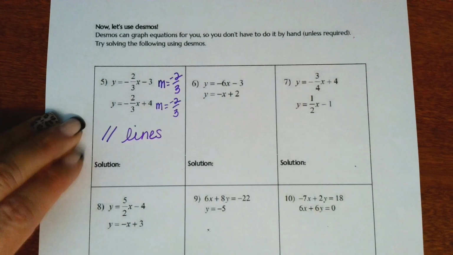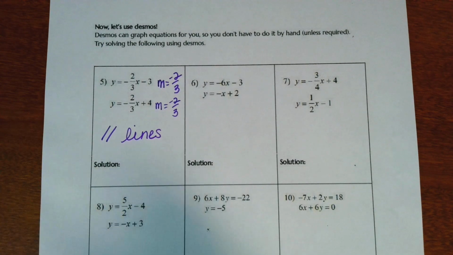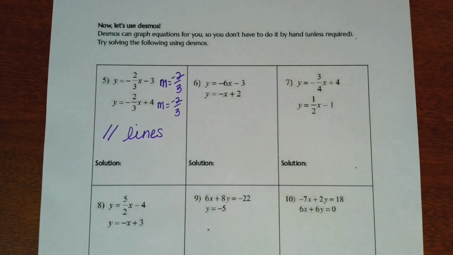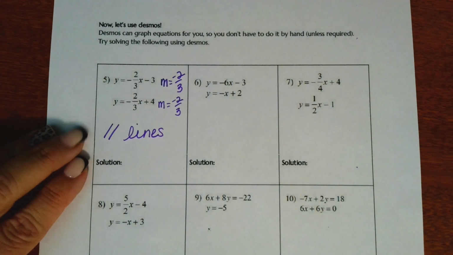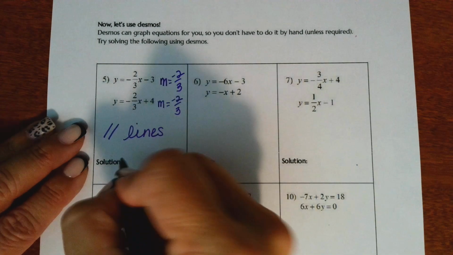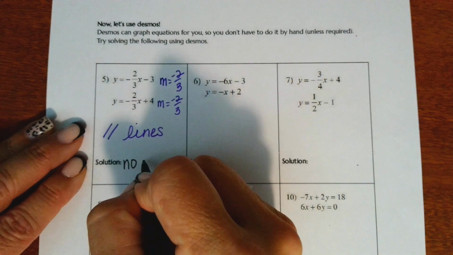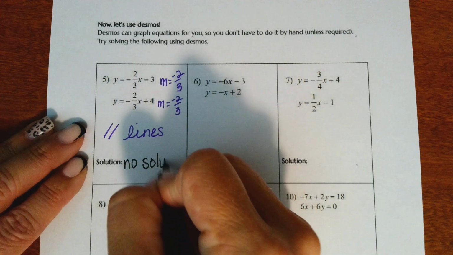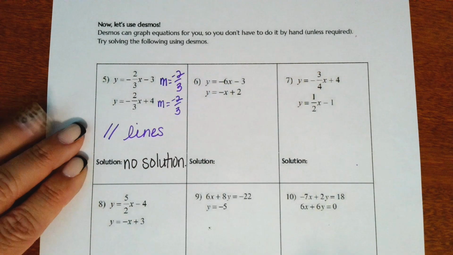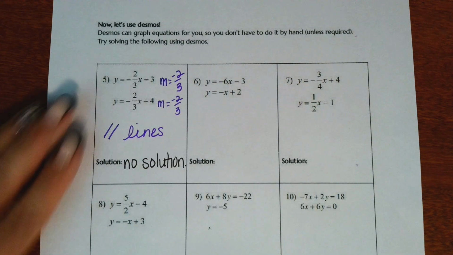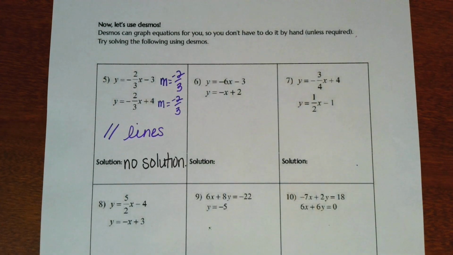Now, don't just trust me. Go graph those in your calculator and make sure that they're parallel. So if they are parallel, they will never intersect. So these will have no solution. Okay, this system has no solution.